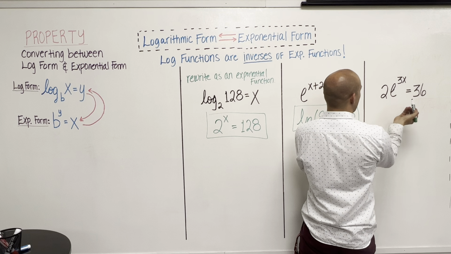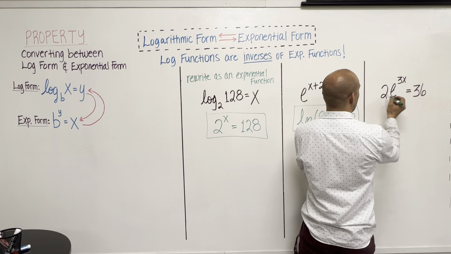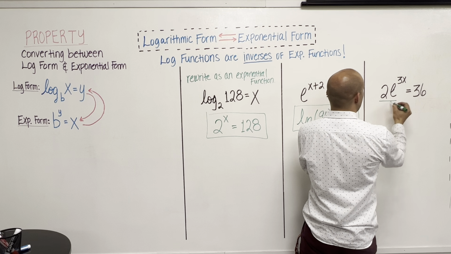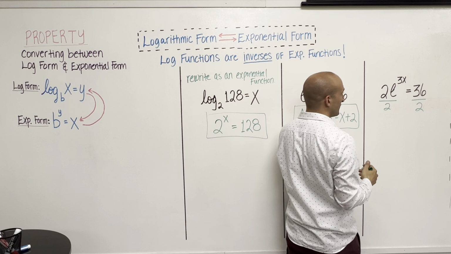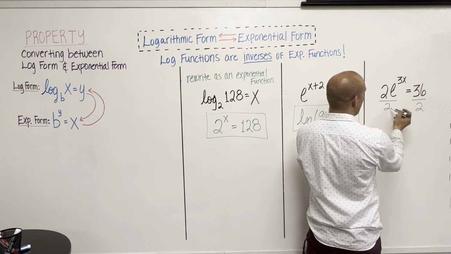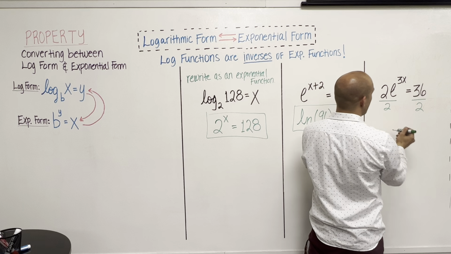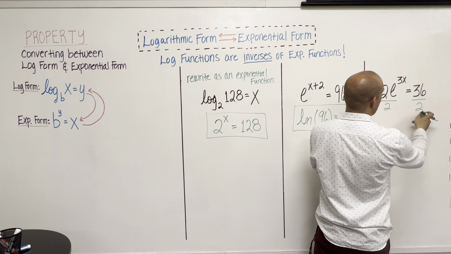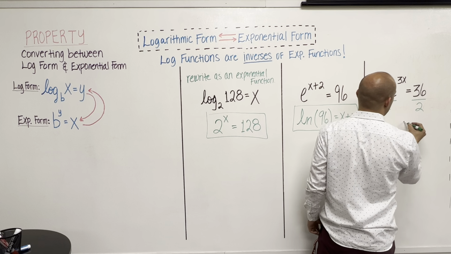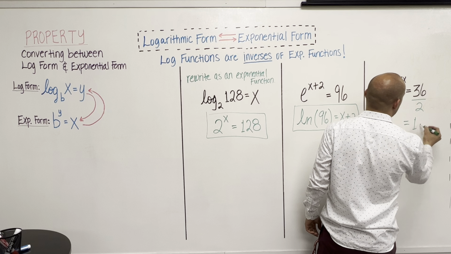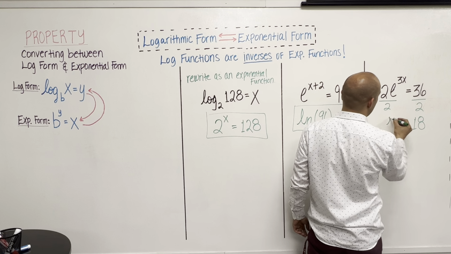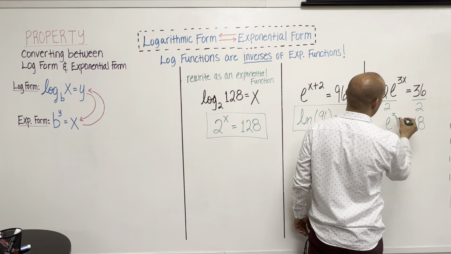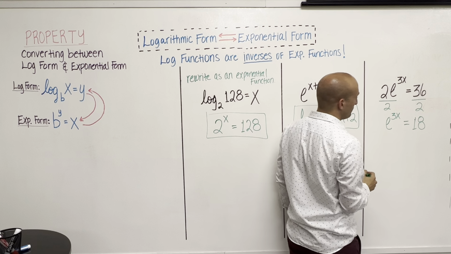Be careful. Because they're multiplying, I can divide by 2 on both sides. Then 2 divided by 2 is 1, and 36 divided by 2 is 18. So I'm just left with e raised to the power of 3x.